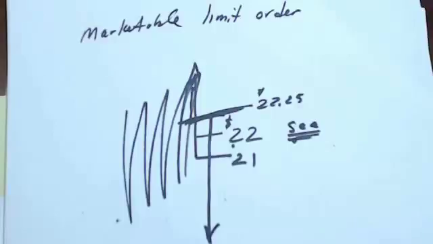But with options, you can choose the time when you want to exercise that option. So there are differences between limit buys, limit sells, and call and put options.